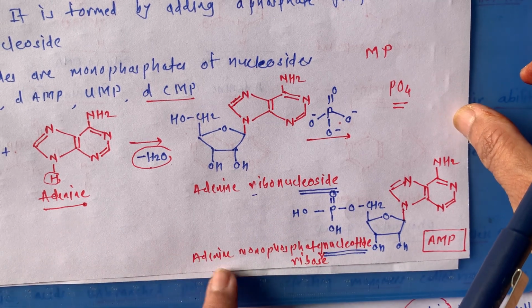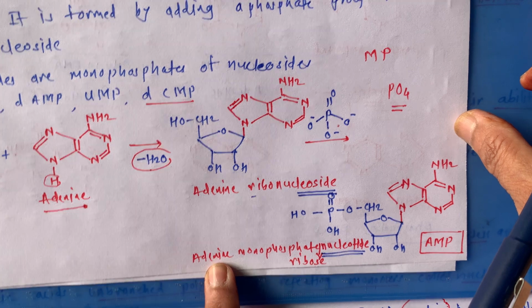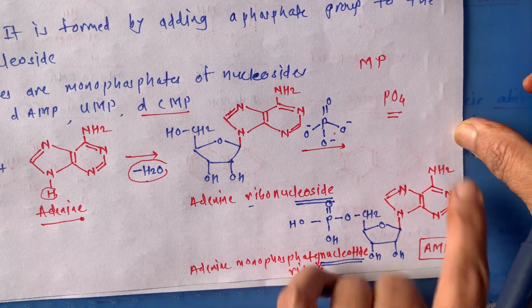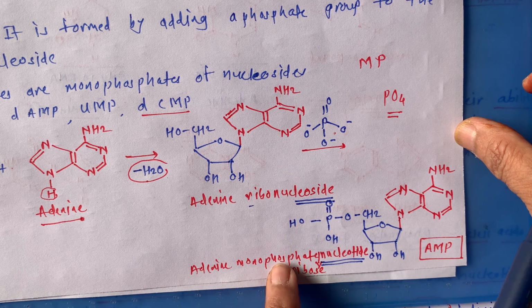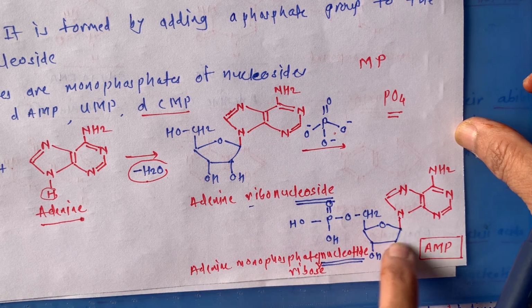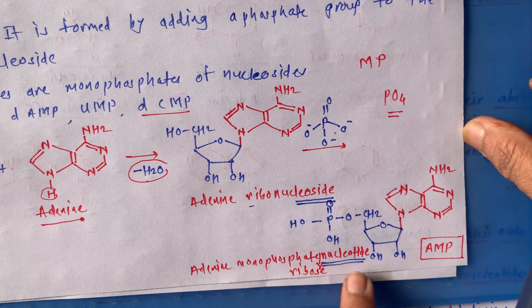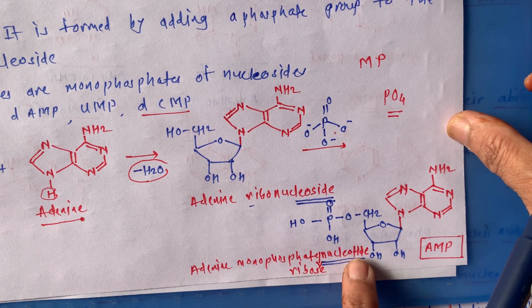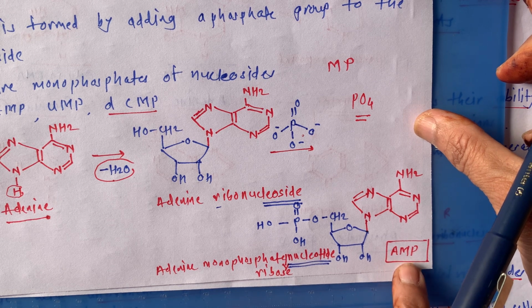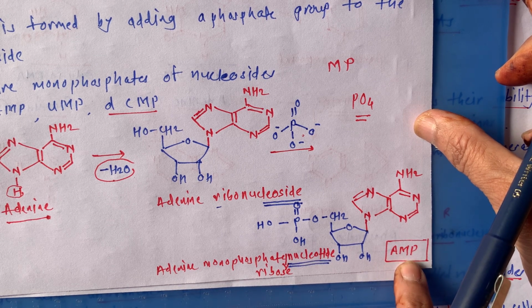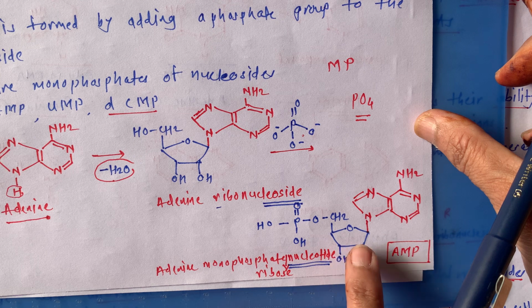Okay, what is this? This is nothing but adenine. This is our adenine. Then this is only one phosphate group, so this is monophosphate. Then here it is the ribose, so this is ribose, and this is nucleotide. But in the short form we just write adenine monophosphate, because this base is going to remain.